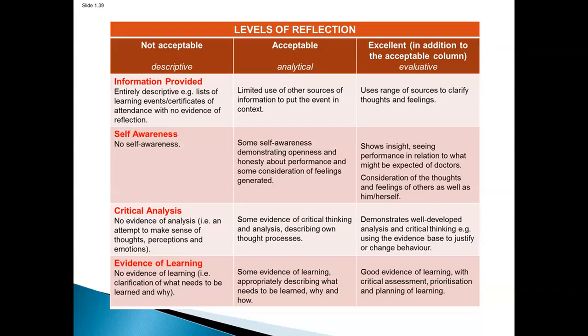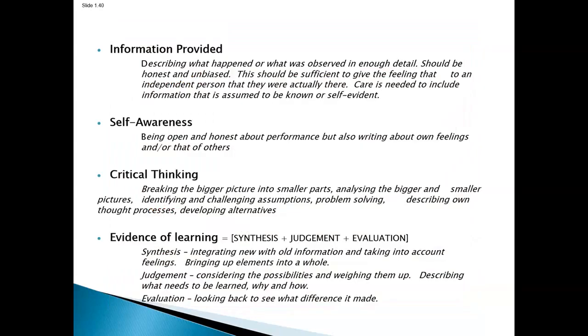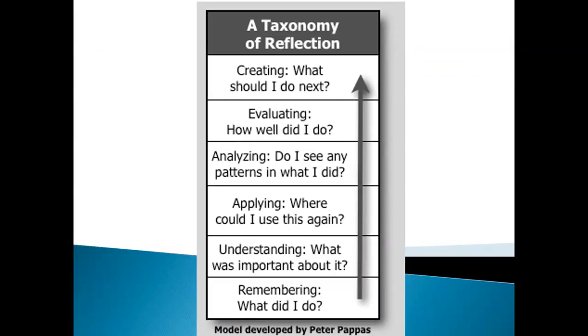If you do these things, you can use this as a checklist. So the best one is synthesis, judgment, clear critical thinking, self-awareness. Try to develop these. Okay? Your responses should reflect these.